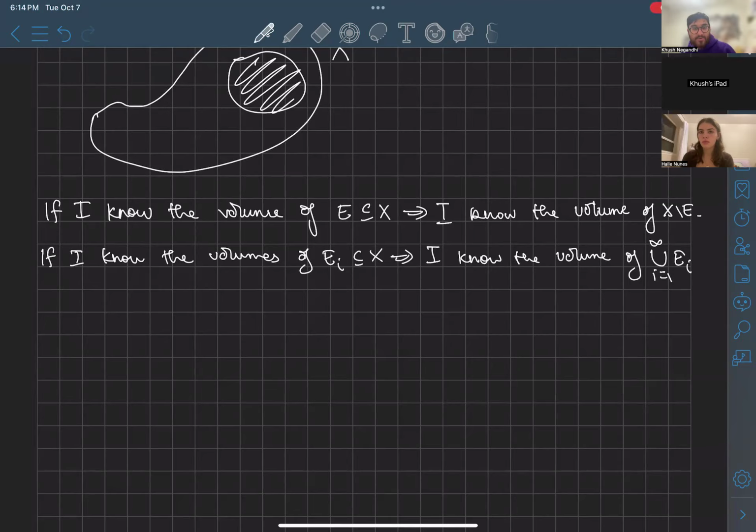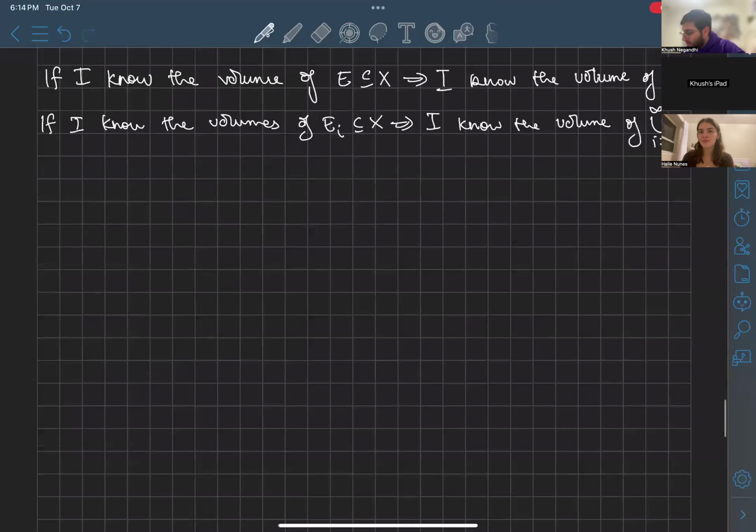Putting all these things together, we define something called a sigma algebra. Let X be a set.